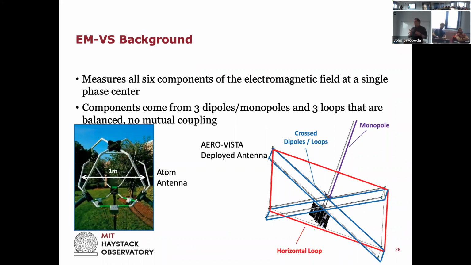But if you have all the components of the electromagnetic wave at a single phase center, you get a lot of information. You're able to do really fun things like angle of arrival measurement. Before, if you wanted angle of arrival measurement, you had to use phased arrays. Phased arrays have to be at least half a wavelength apart, otherwise you get grating waves and create ambiguity.